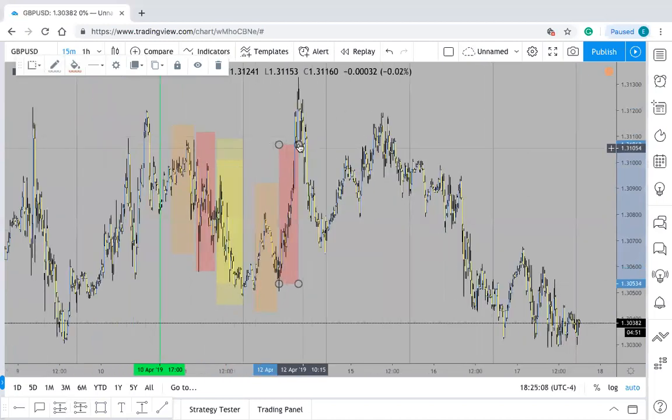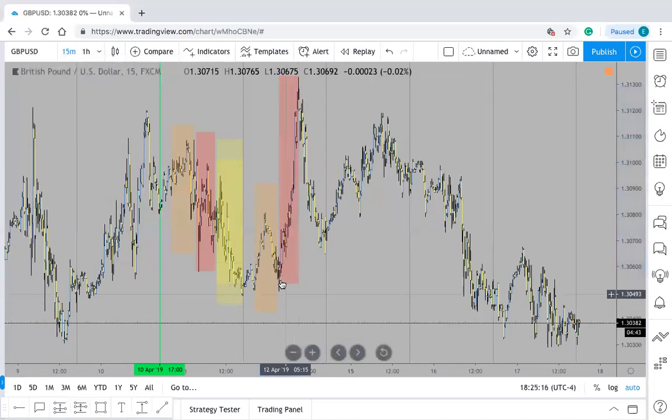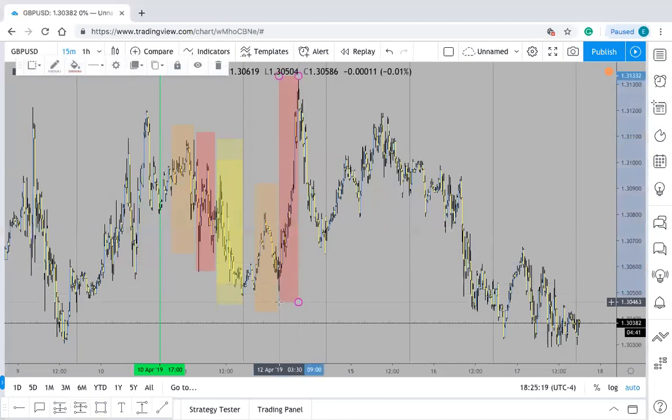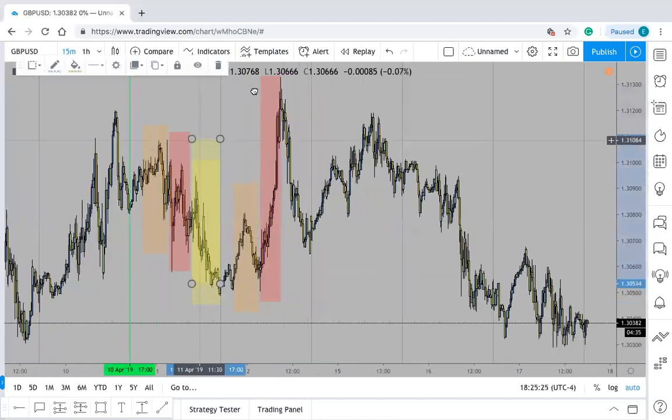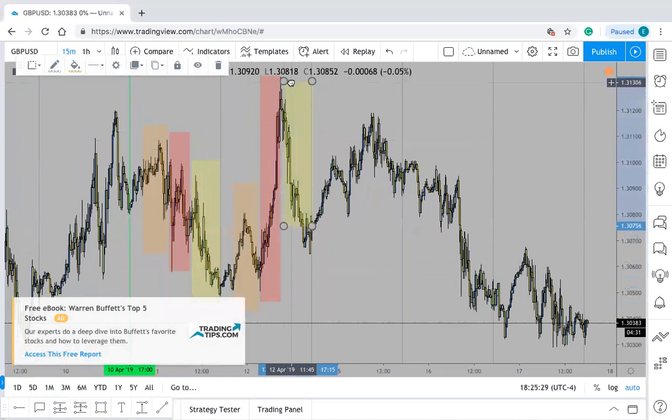When I need to adjust, I just range it high, making sure I'm covering and accounting for all of the market movements that happened in that session. So right there. And now I'll just move New York over, and that will be it.